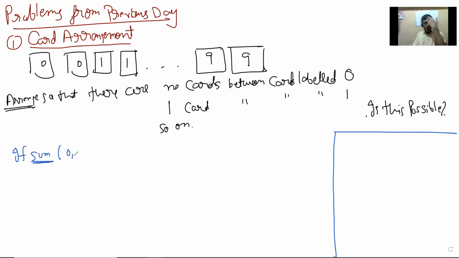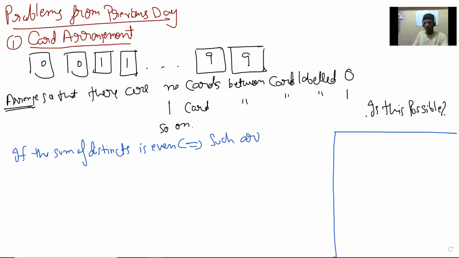If the distinct, or rather I would just say that if the sum of distincts, because the total sum will obviously be even. If you're taking over all the cards, then it will obviously be even because everything appears twice. If the sum of distincts is even, then such an arrangement is possible.